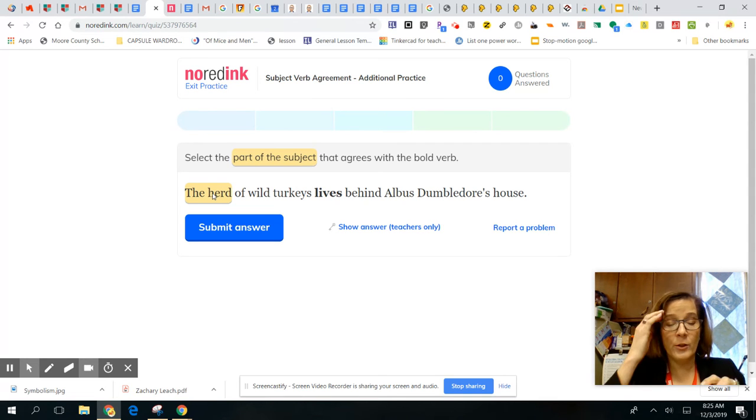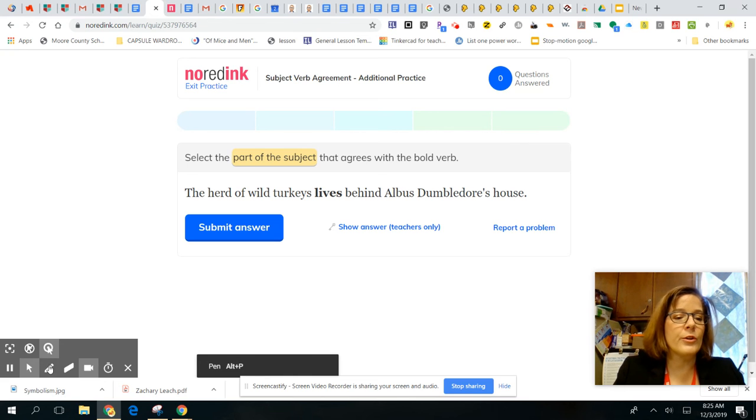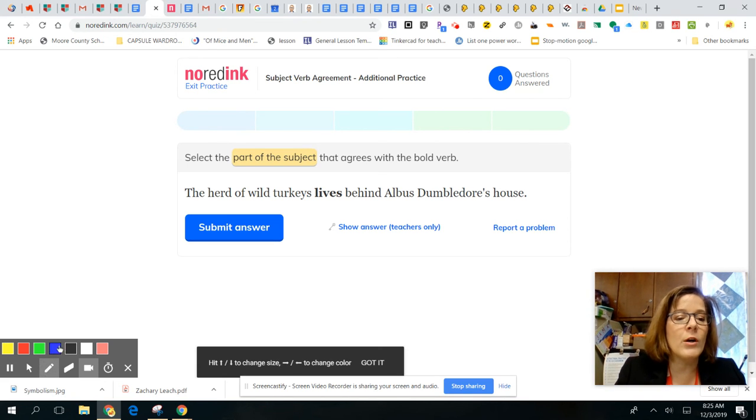Now, if you need a third way to understand that, if it's still fuzzy, let me try this. In English, the preferred sentence order is this. I'm going to try to draw on the slide.